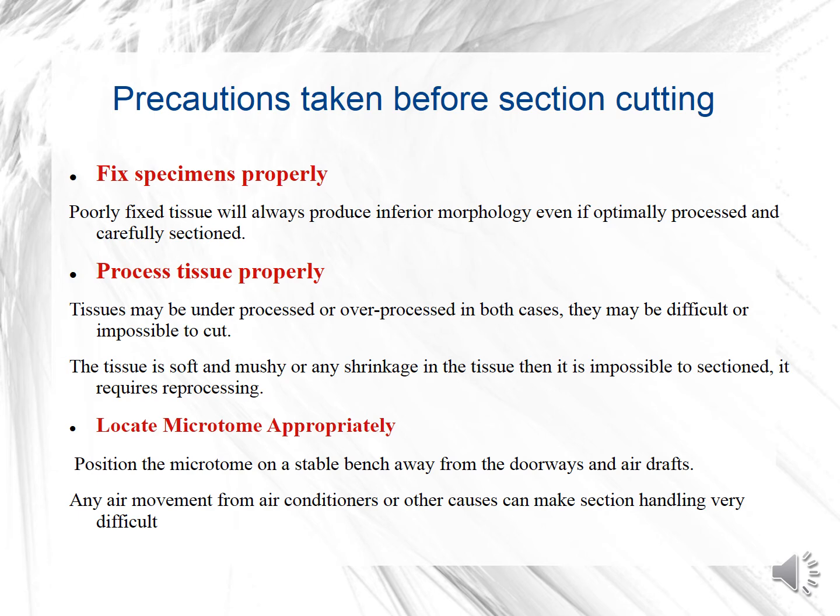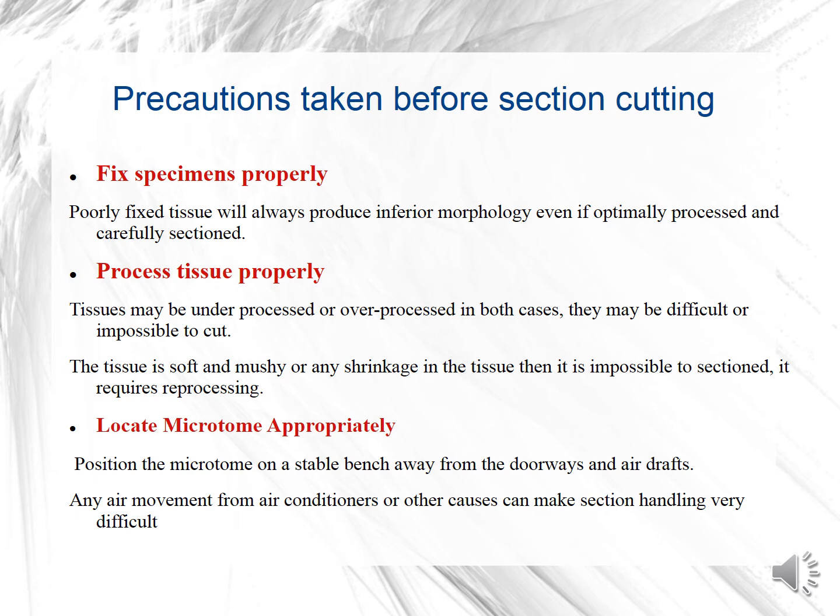Precautions taken before section cutting. The following precautions should be taken. Fix specimens properly. Poorly fixed tissue will always provide inferior morphology, even if optimally processed and carefully sectioned. The processed tissue should be proper, because finally we are getting the sections.